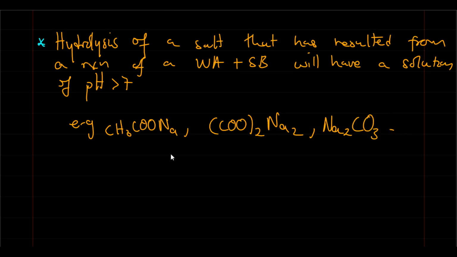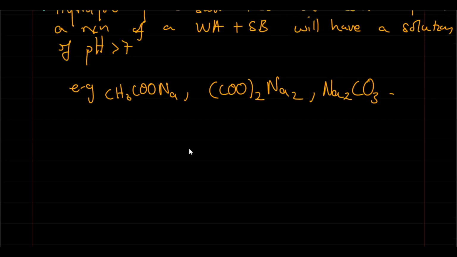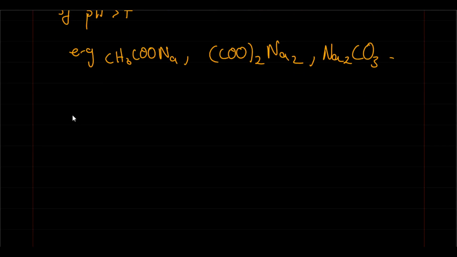So if there's hydrolysis of these salts, the final pH of the solution is going to be what? Greater than 7. Okay, let's do one example. So let's take the hydrolysis of sodium ethanoate. So hydrolysis is the salt plus what? Plus water, right? So now remember, it is reversible.